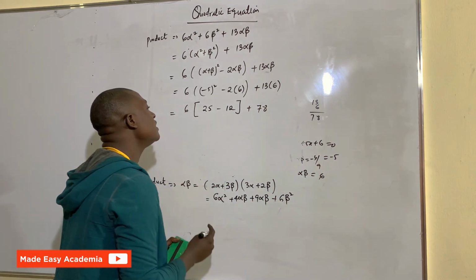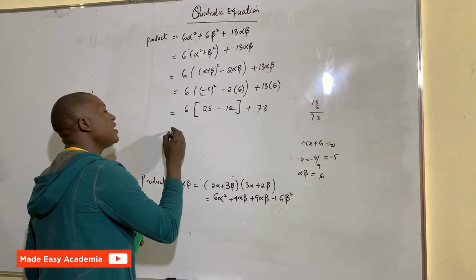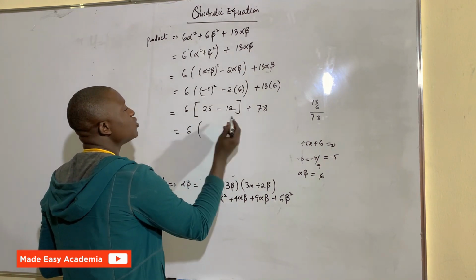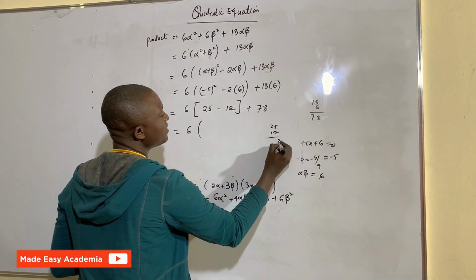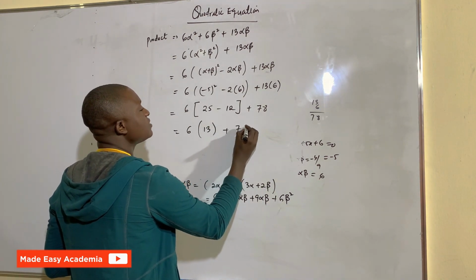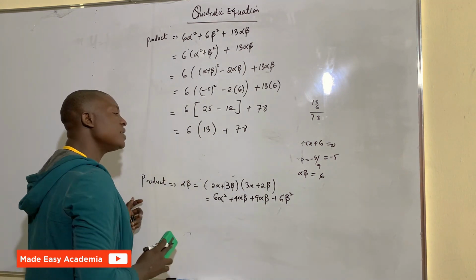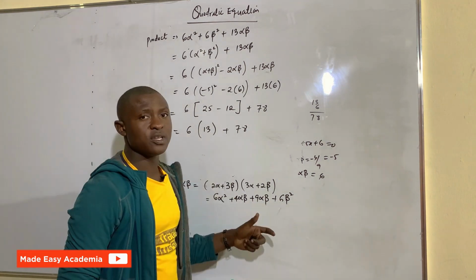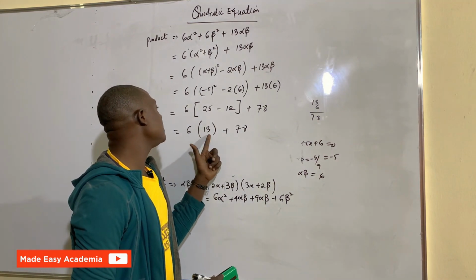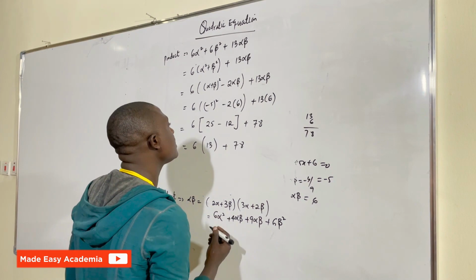So let's finish the one we have in the bracket so that we can evaluate it. We have 6, 25 minus 12, that's going to be 13. Then we have plus 78. When we have a bracket, it simply means multiplication, that is, you are going to find 6 multiplied by 13 here, just like what we did earlier.